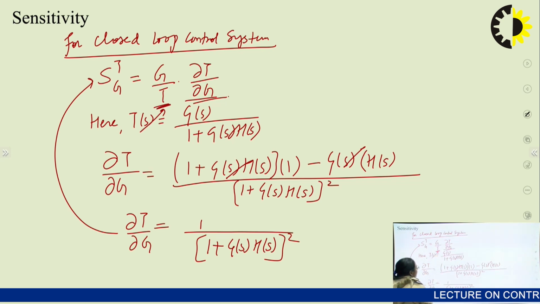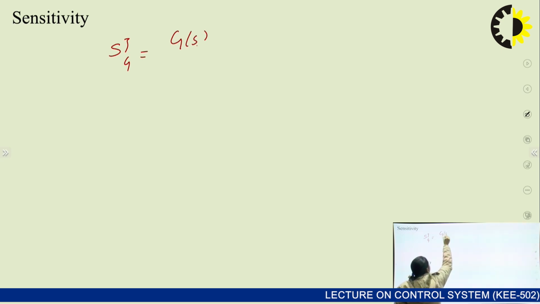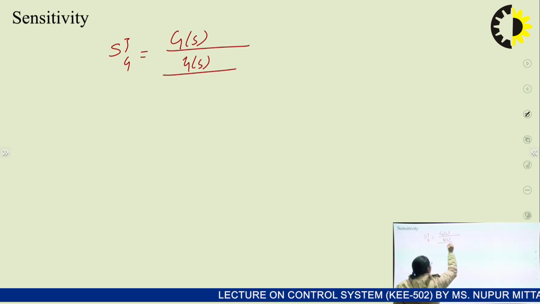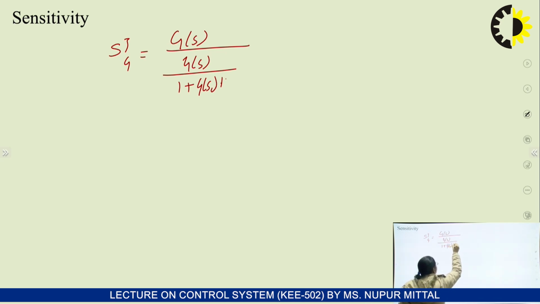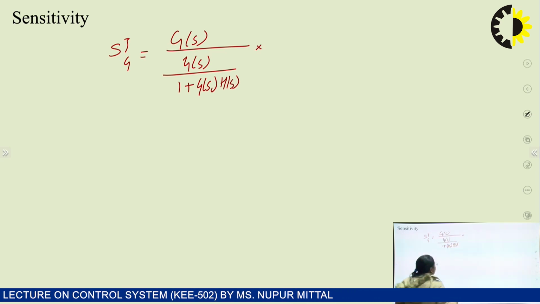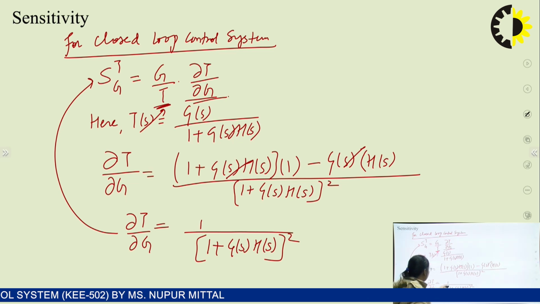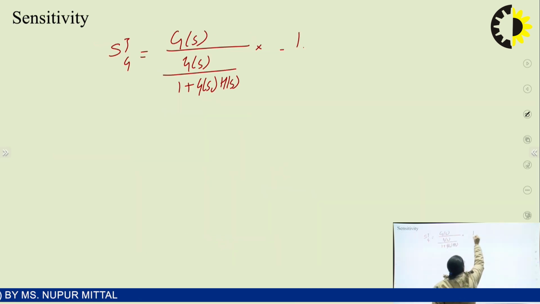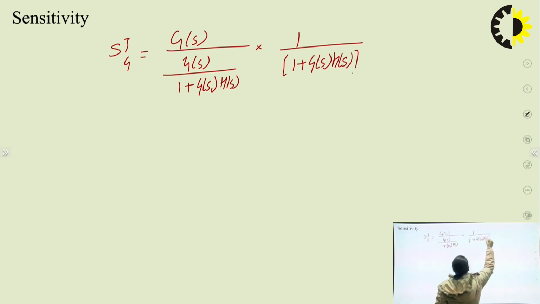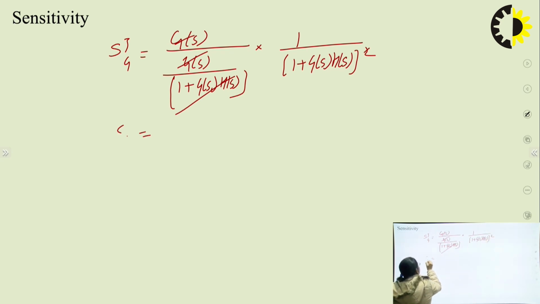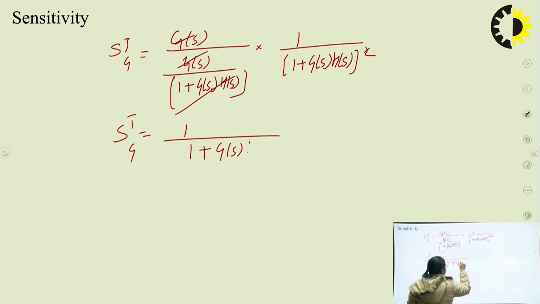So G upon, again, G can be written as G(s) upon G(s) over 1 plus G(s)H(s), into what we got after solving delta T by delta G, the value 1 upon 1 plus G(s)H(s) whole square. Okay, if we solve this, this gets cancelled with this term and this term is also cancelled with this, and I am getting S^T_G will be equal to only 1 upon 1 plus G(s)H(s).